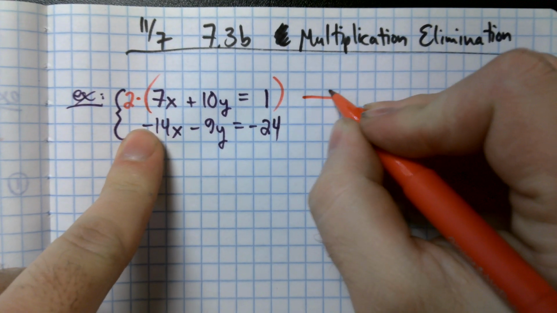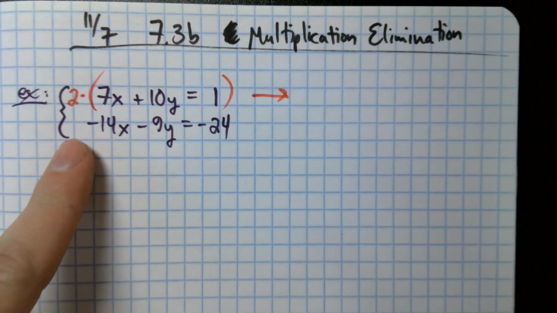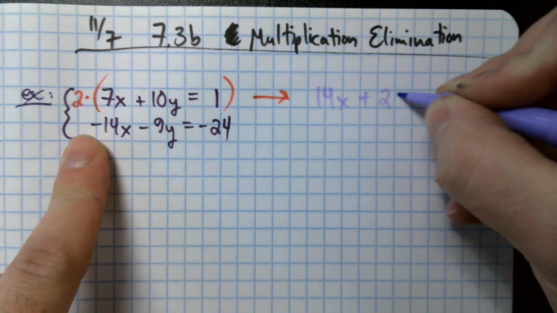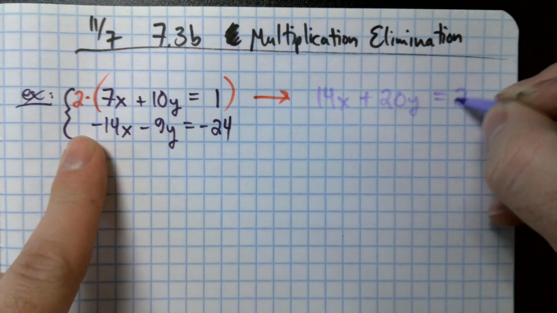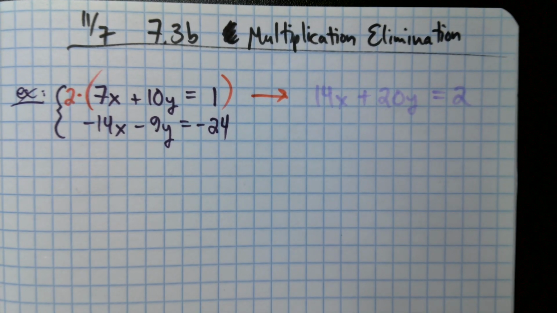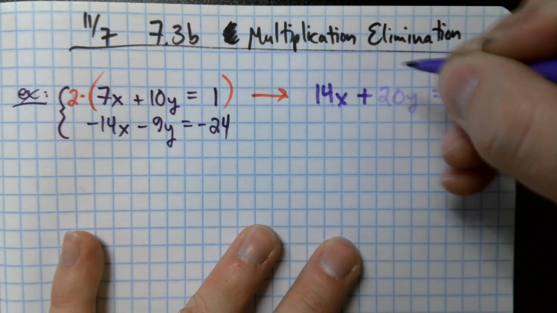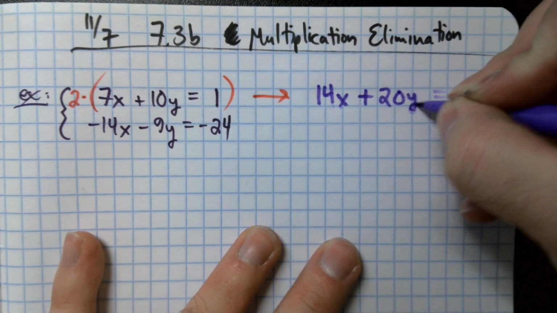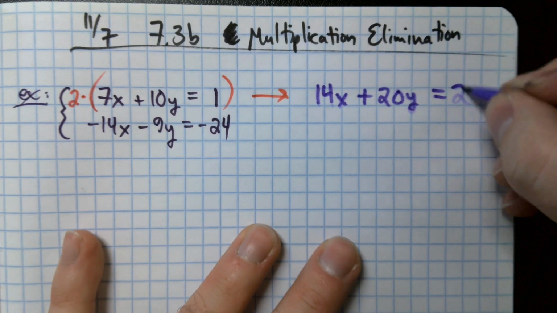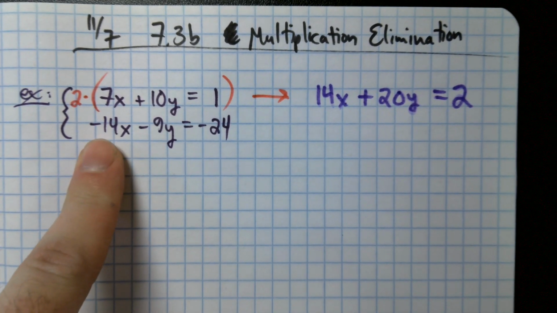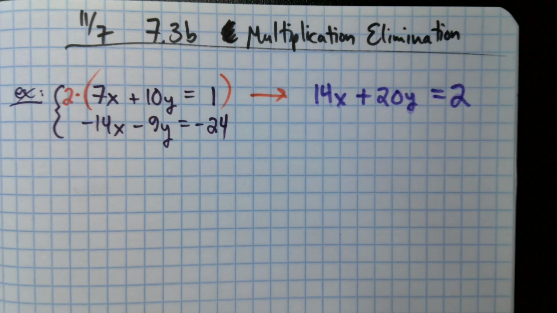If I multiply this equation by 2, it's going to turn into 14x plus 20y equals 2. Whoa, that's really light. I know. 14x plus 20y equals 2. And my second equation is going to turn into what?